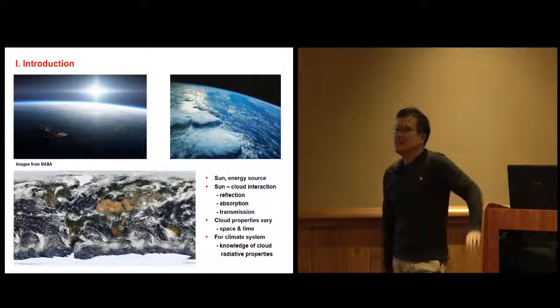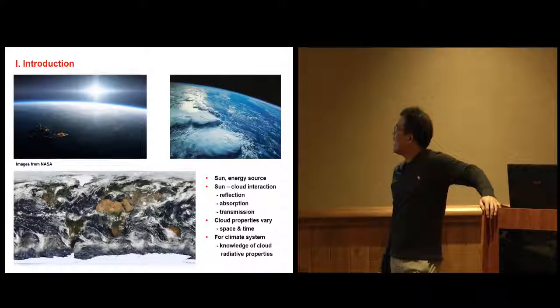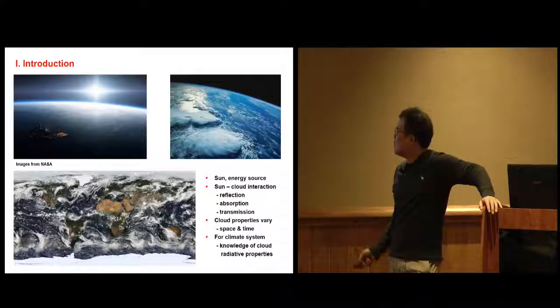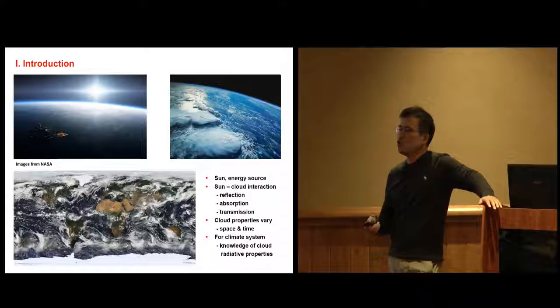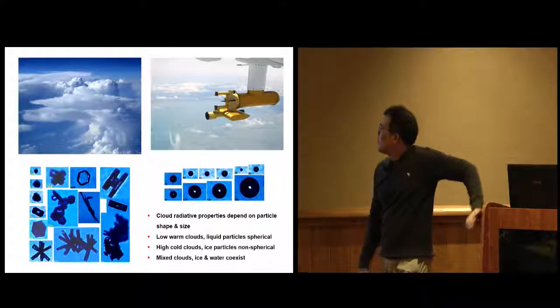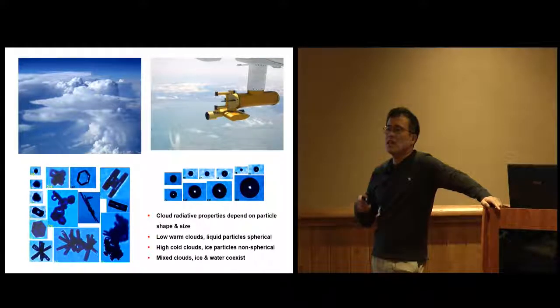Okay, first, the sun is our only energy source, and sunlight interacts with clouds, and a lot of phenomena happen. So to better understand our climate system, we should know about these cloud radiative properties. Cloud radiative property is determined by concentration, size, and shapes of cloud particles.